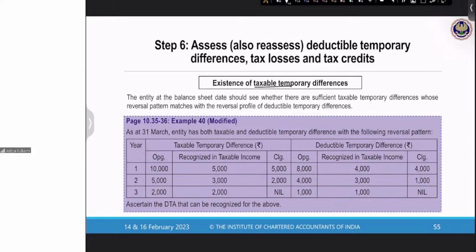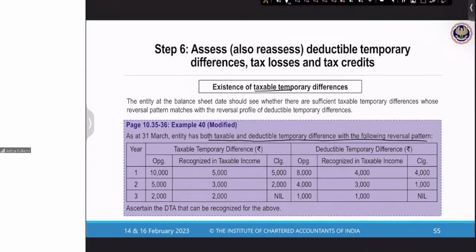So now coming to this example, as at 31st March, the entity has both taxable and deductible temporary differences with the following reversal pattern. Year 1, 2 and 3, you are having opening balance of taxable temporary difference.